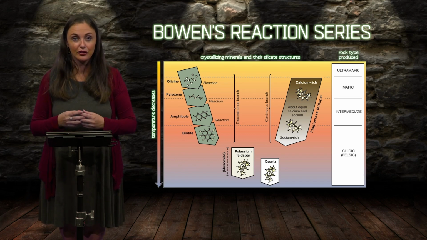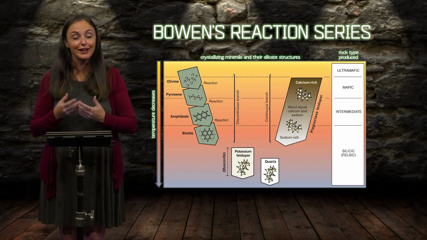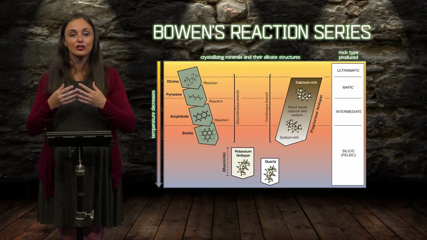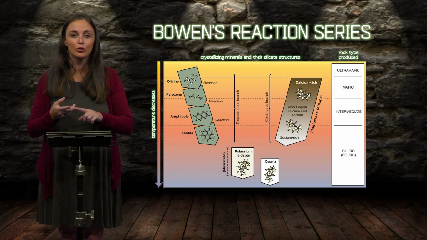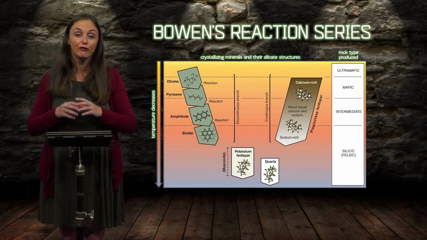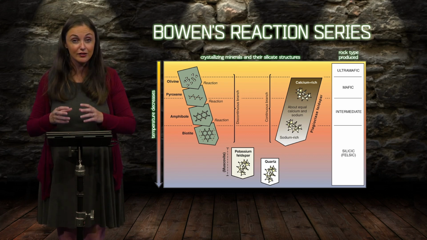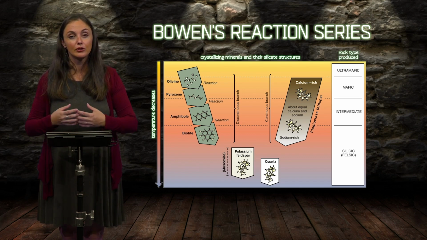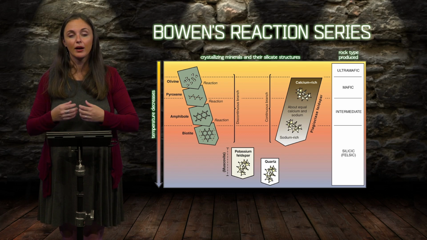The continental crust, made up of the more complex silicate structures, the framework silicates and the sheet silicates, stuff like biotite, quartz, potassium feldspar, and sodium-rich plagioclase feldspar, those are going to be far, far more durable because of the complexity of their silicate structures. And those are going to be the minerals that form the rocks that make up the continents.